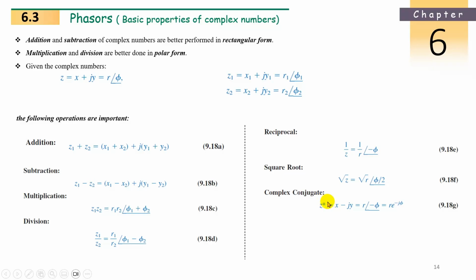That is called conjugate. So x minus jy, where generally x plus jy is there. In angular polar form it is r at minus phi. In exponential form it is r e power minus j phi. These three formats are there. What is 1 by j? It is minus j, generally, which will change the angle.